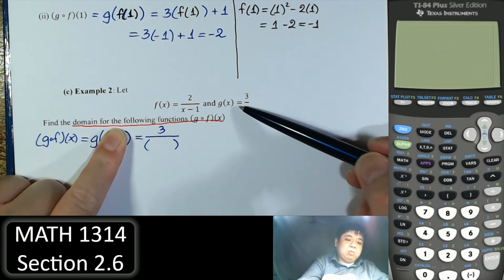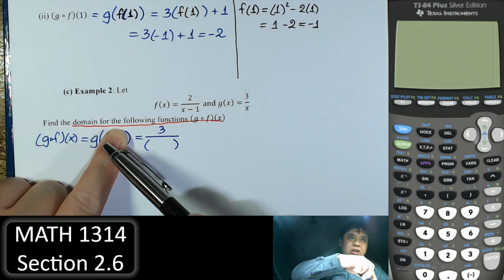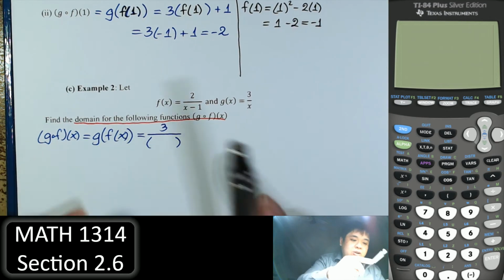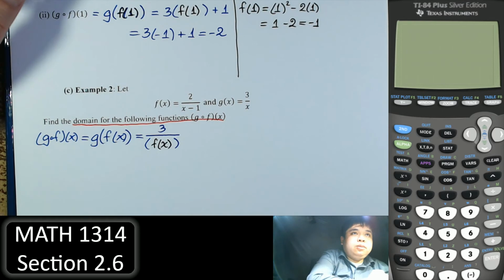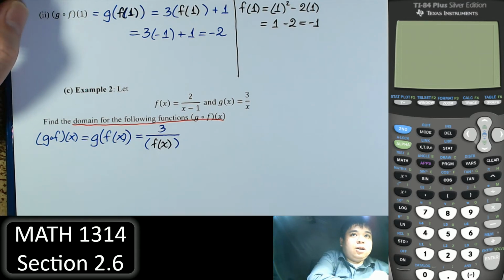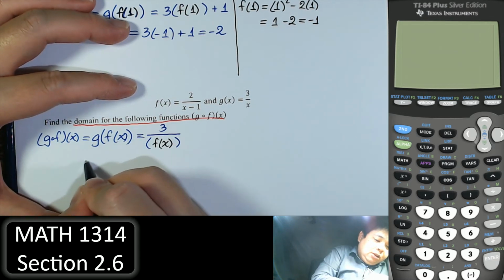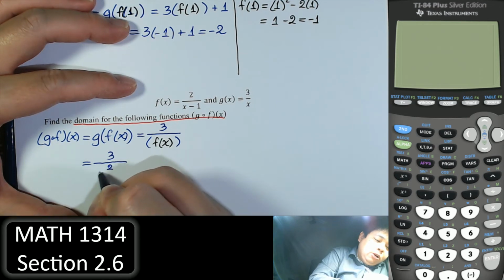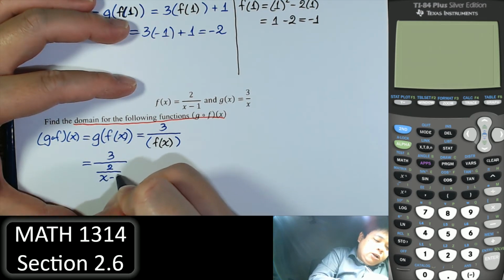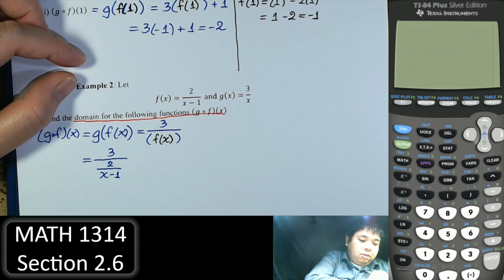So replace both x's by parentheses. Now, what's inside that parentheses will be inside this parentheses as well. Right. So that gives us 3 over 2x minus 1.